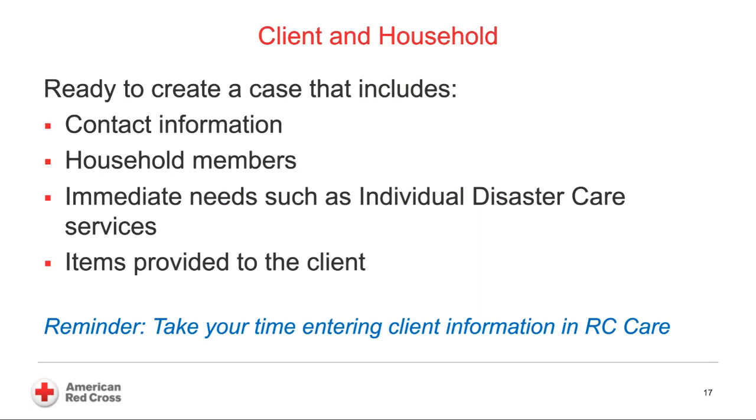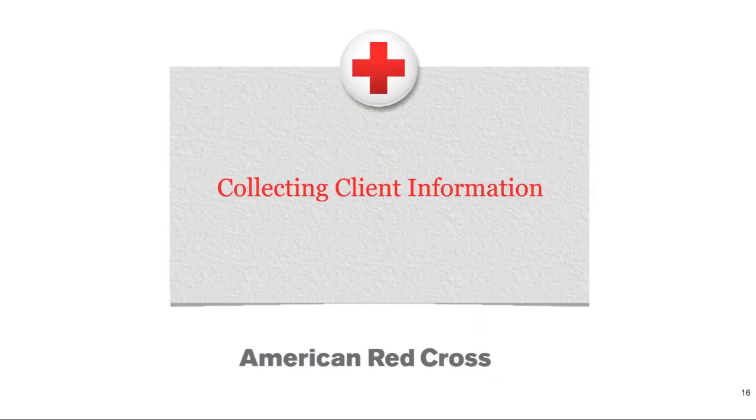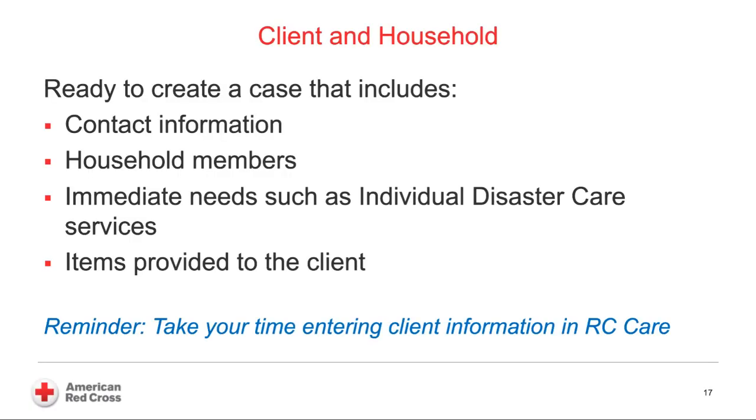That's collecting client information. So we've met with the client, and after we've had that initial conversation and identified the primary client and the household composition, you can begin to collect the information to complete an intake application or to create a case record.